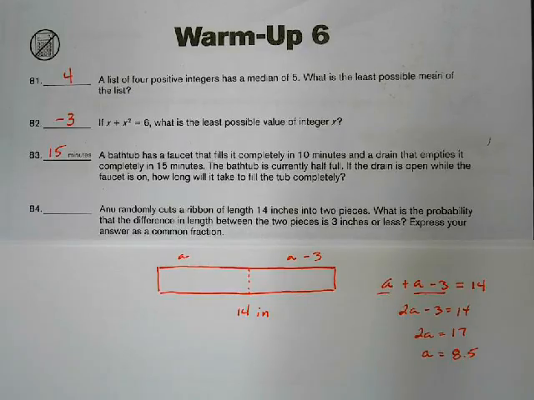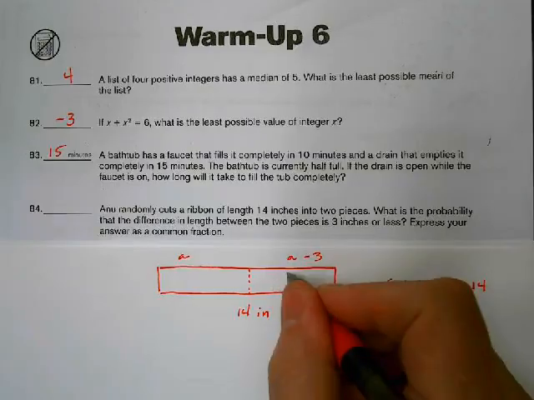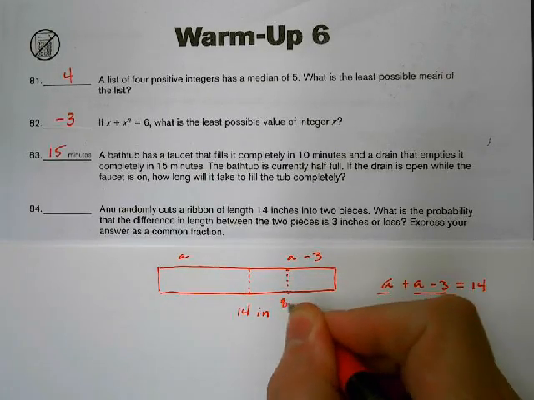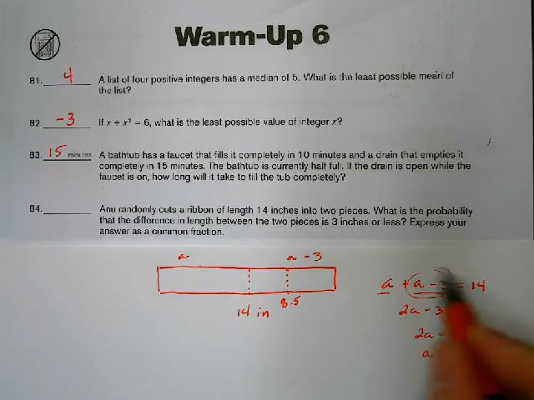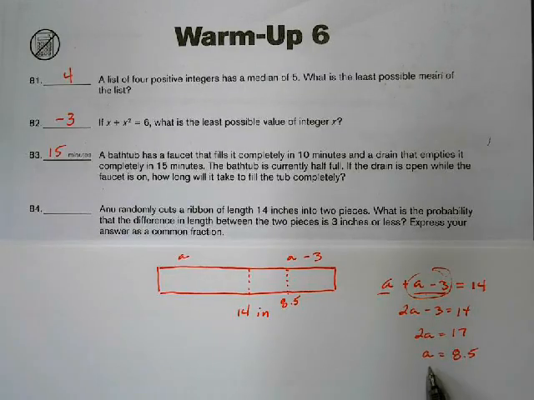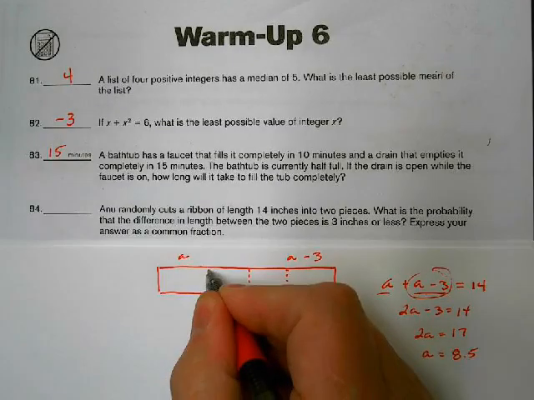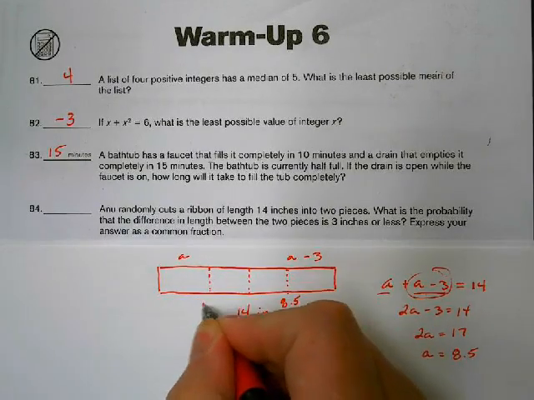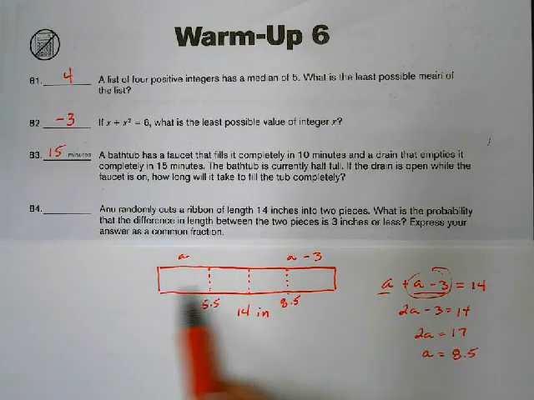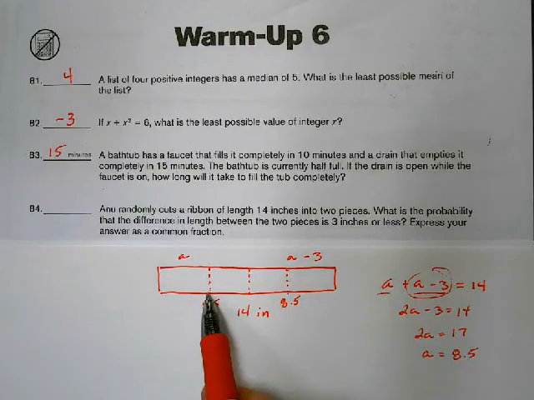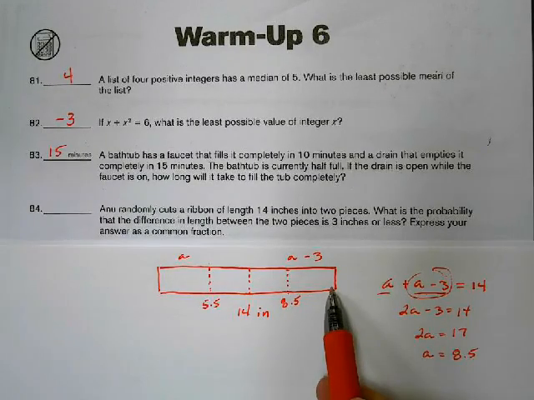Okay, what's that telling me? It tells me that I can have the first one be a cut at 8.5. The second cut would be the smaller segment, 8.5 minus 3, which is 5.5. If I cut the smaller one at 5.5, the rest is 8.5, so that would be a difference of 3.